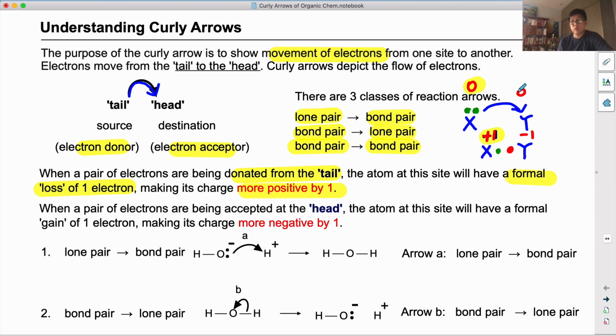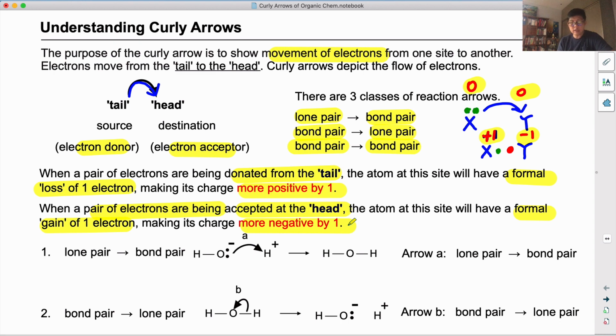Once it gains, as if it gains 1 electron, it changes from 0 to minus 1. So when a pair of electrons is accepted by the head, by Y in this case, this side will have a formal gain of 1 electron, and the formal charge will go from 0 to minus 1.